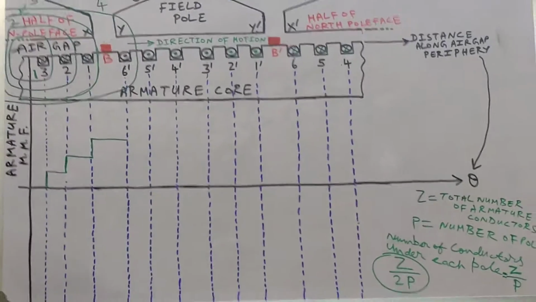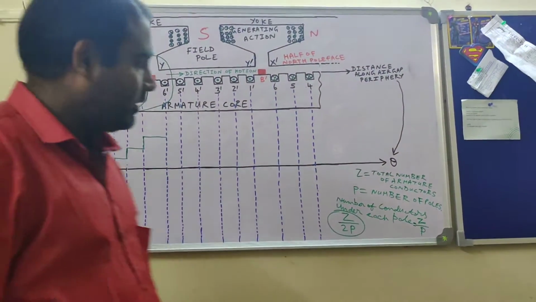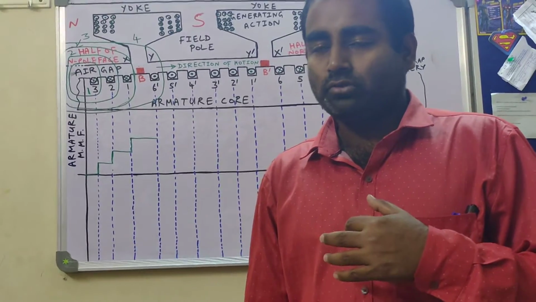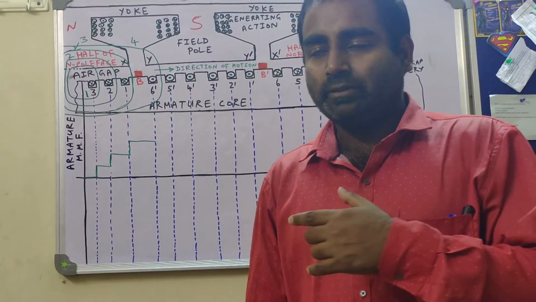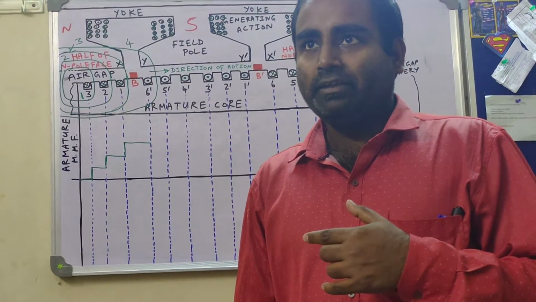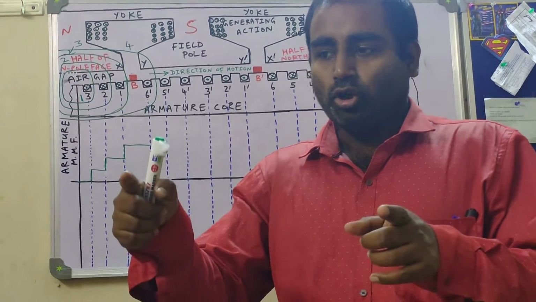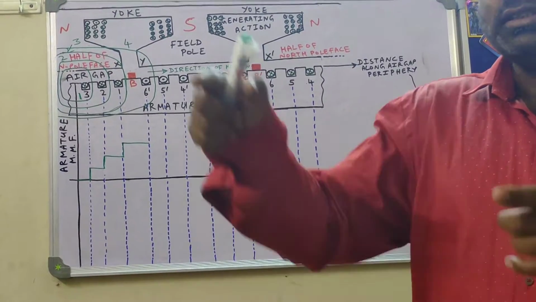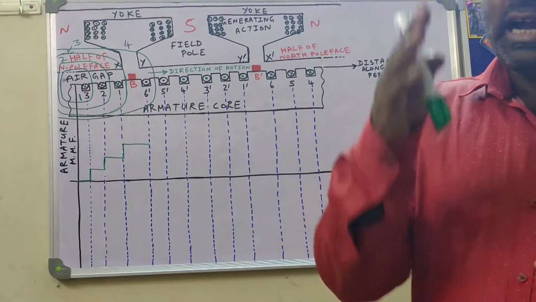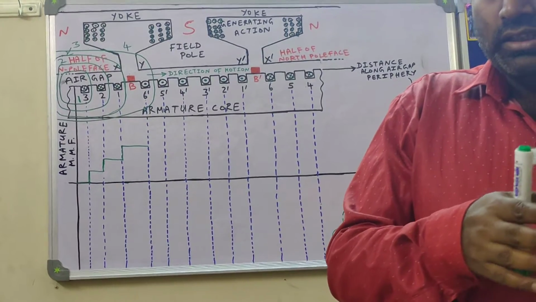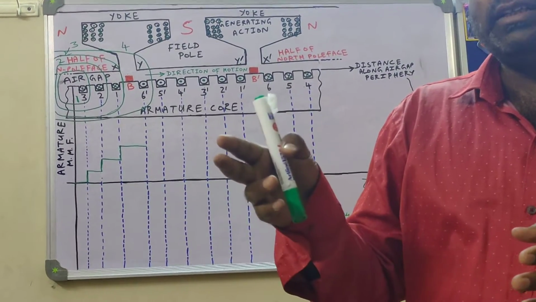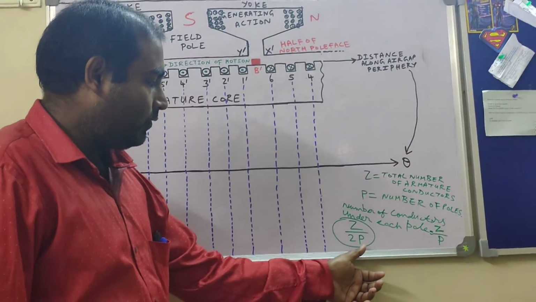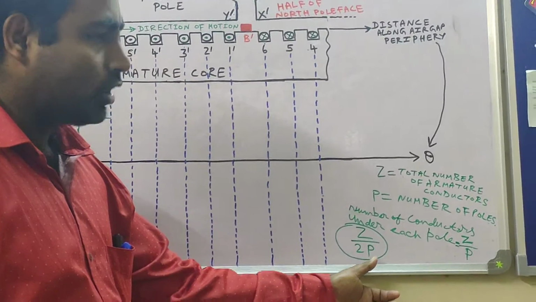Why is it Z by 2P? Let me make another attempt. Total number of armature conductors is Z and P is the number of poles. So under each pole the number of conductors is Z by P. So this Z by P number of conductors are under the north pole face. Likewise this Z by P number of conductors is also under the south pole face. So if I take half portion of the pole face, then the number of conductors should be half of that, that is Z by 2P. Is it clear? What was Z by P? The number of conductors under the north pole or south pole.